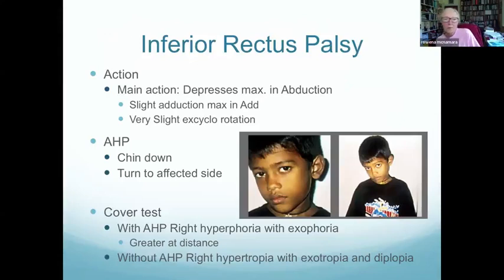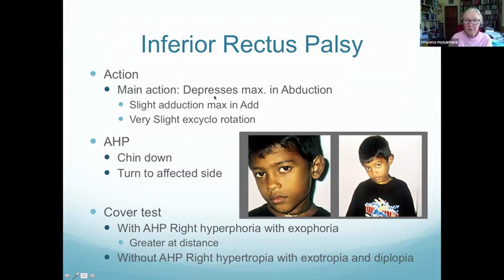The fourth muscle, which is innervated by the third nerve, is the inferior rectus. If the patient has an inferior rectus palsy, the problem is when they look down. So you can see this patient has got their chin down in order to avoid looking in that position where there is a defect.